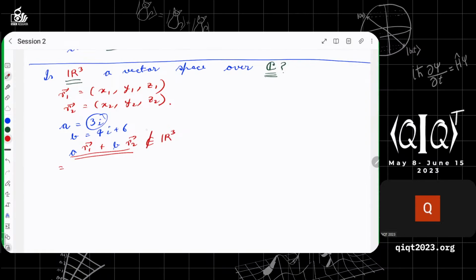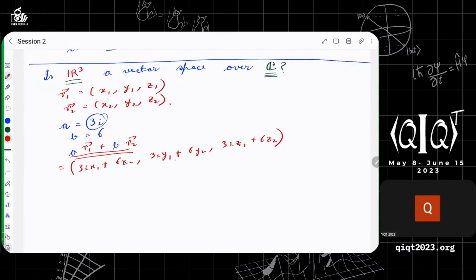So let me calculate it explicitly for you. Let's take a simpler example. Let's say b is 6, then it would be like 6x2 plus 3i x1, and 3i y1 plus 6y2, and 3i z1 plus 6z2.